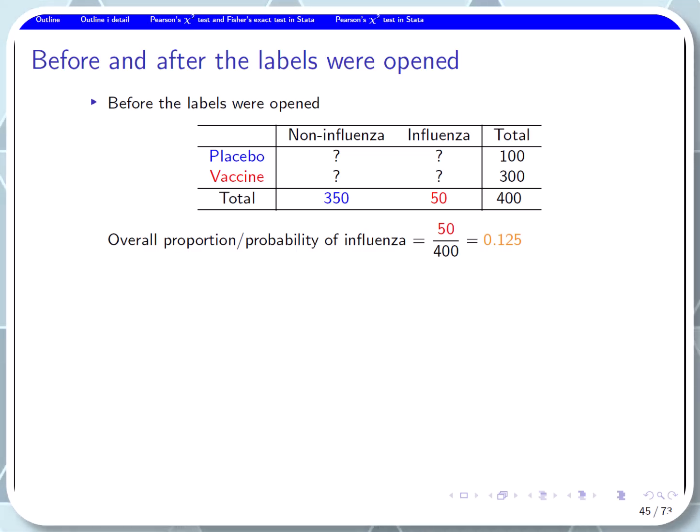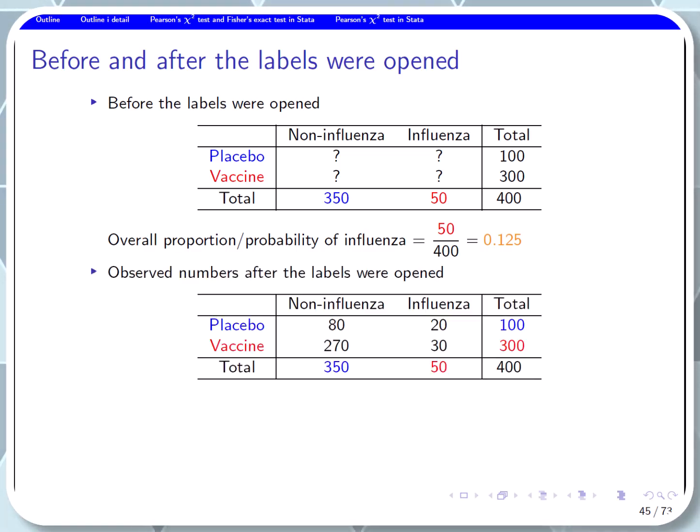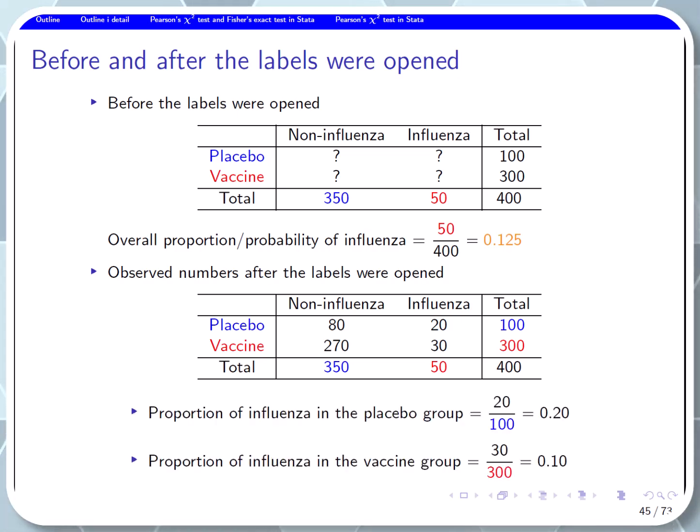Because the study was blinded, it's unknown how many cases of influenza occurred in the placebo group and how many occurred in the vaccine group. After the labels were opened, the following table shows the observed numbers. Based on the observed numbers, we can calculate proportions of influenza for the placebo group and for the vaccine group.